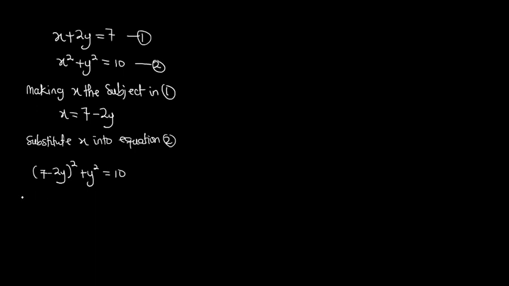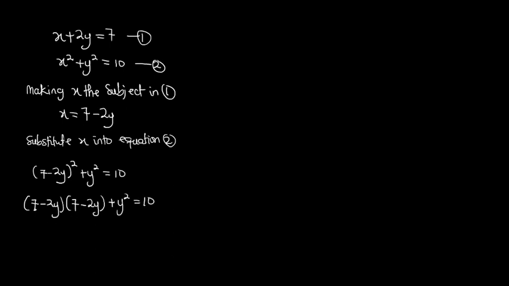Let me not jump that step; let me take it one after the other. It means I have the content of the bracket twice. So I have the bracket 7 minus 2y multiplied by 7 minus 2y, plus y squared is equal to 10.